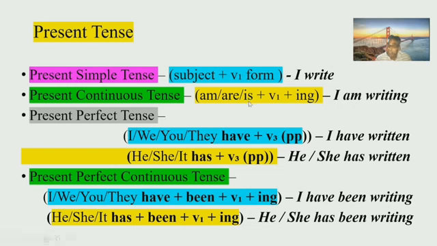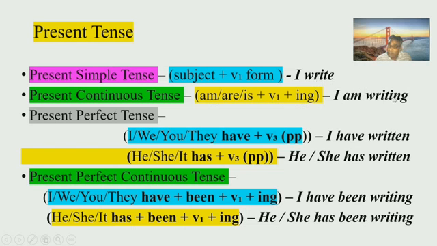And if it is a third person singular, that is he or she, we use is. So is is used for third person singular. So these things you have to remember. This is the structure, that is a subject followed by am, followed by V1, that is the base form of the verb with ing. So write becomes writing here. I write becomes I am writing.